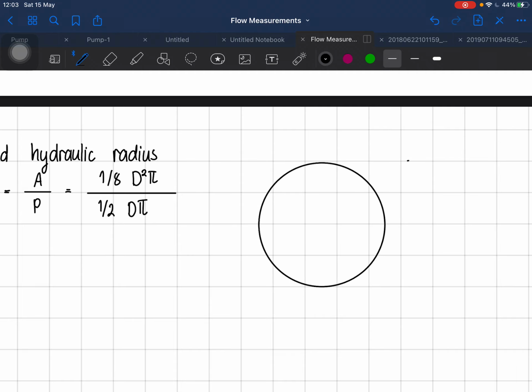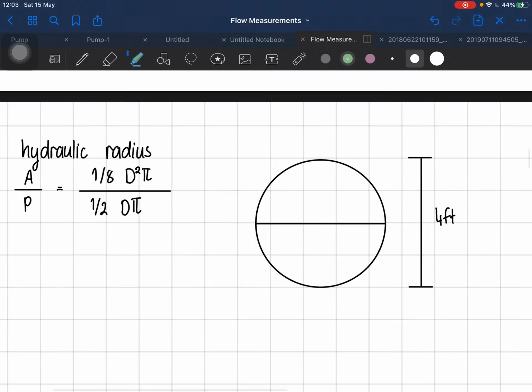Okay, so this is 4 feet, right? And it says that the water flows at the depth of 2 feet in the pipe. So this will be the water.